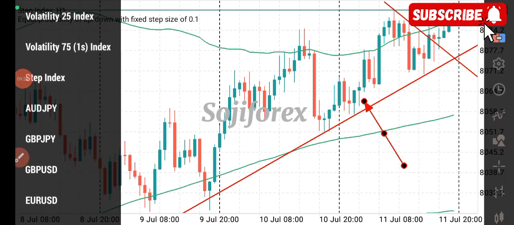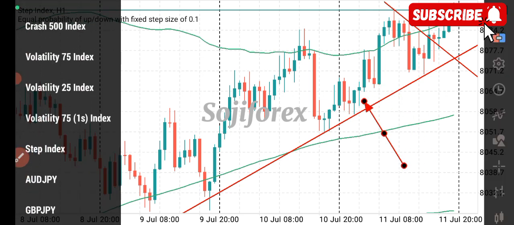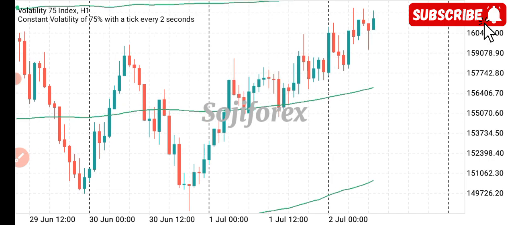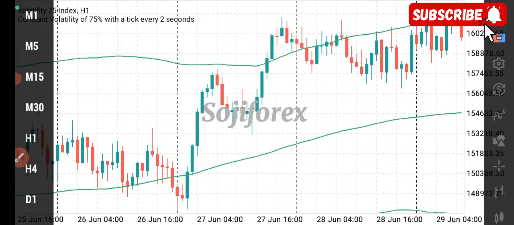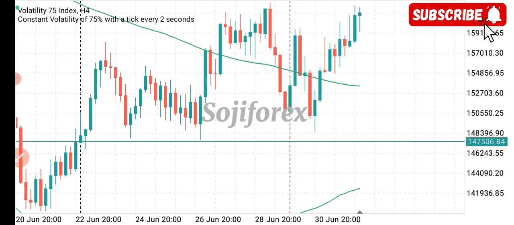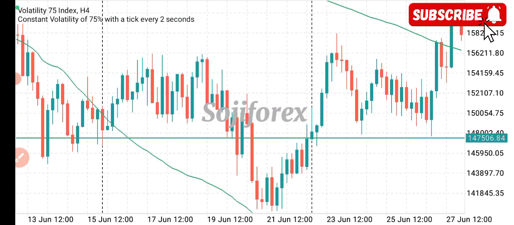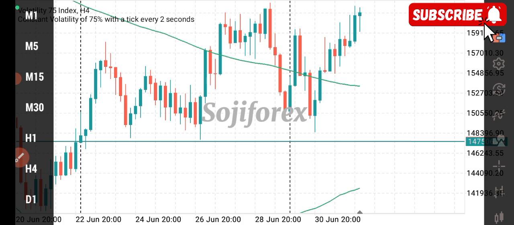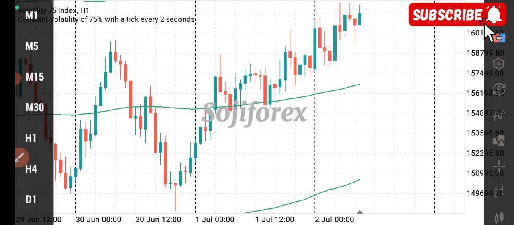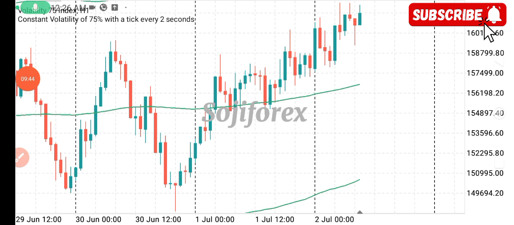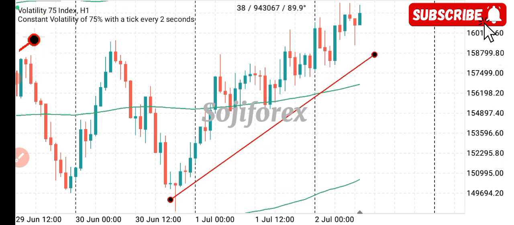Alright, let's look for another asset. This is volatility 75. Okay. Now so far so good. V75 is bullish, and as you can see, we will go with it in this manner.